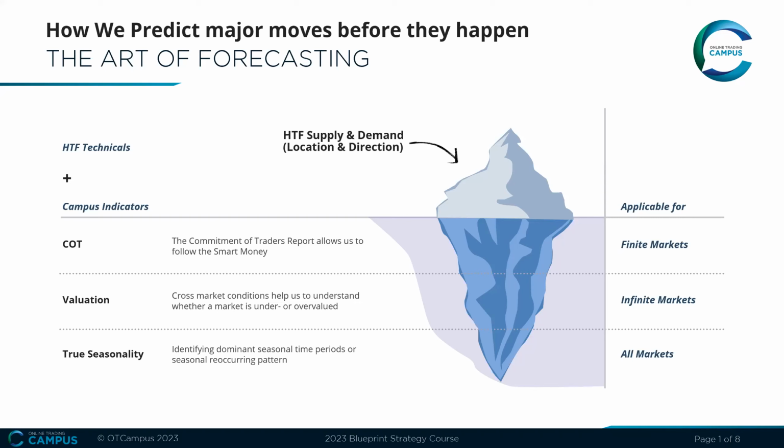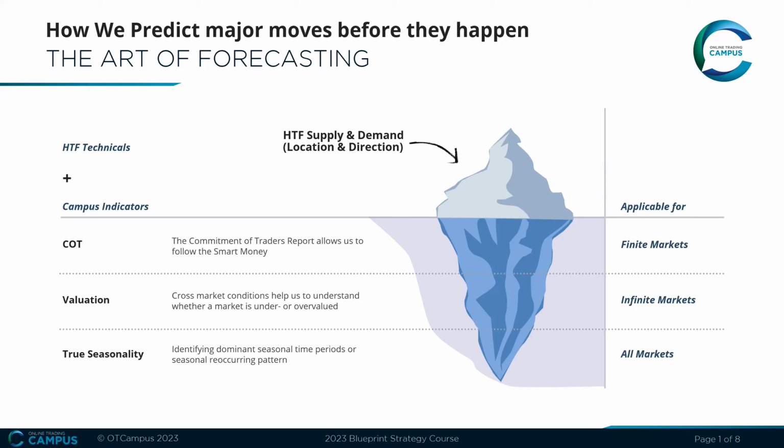Nonetheless, as you've also learned, we can also apply the COT to our infinite markets and man-made commodities, where we looked at the non-commercials to predict major trend changes in the euro. We looked at the US dollar and we looked at the Japanese yen. However, there are still 2 open questions here, really. What about stocks and equities?